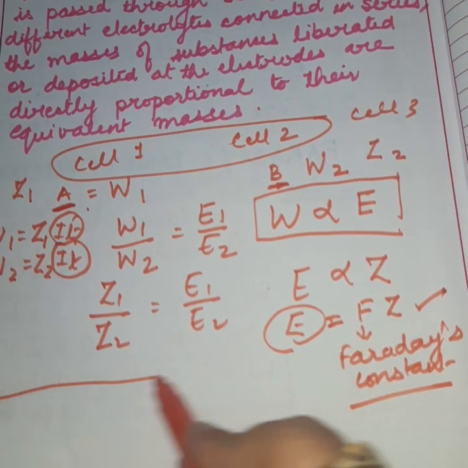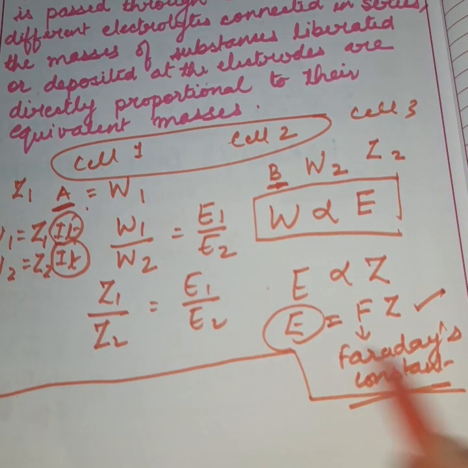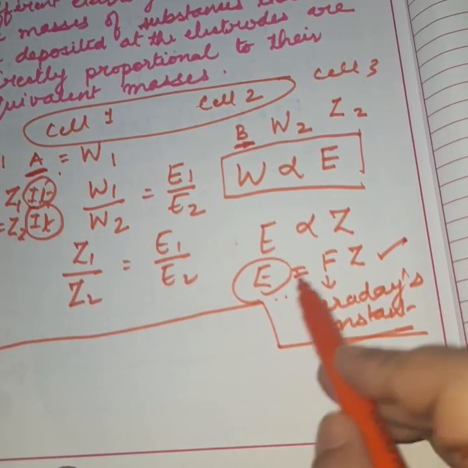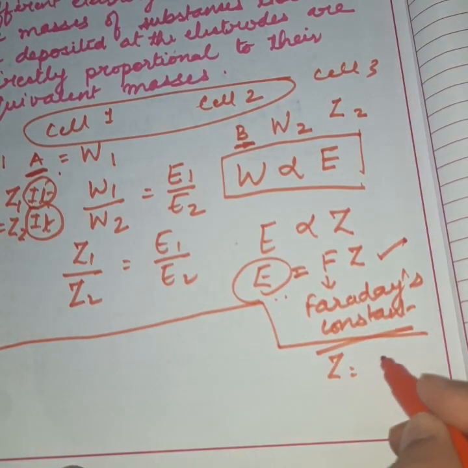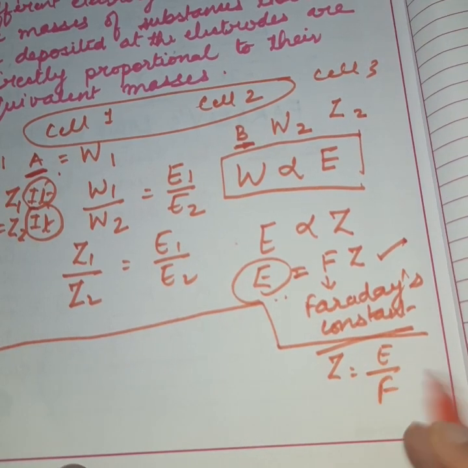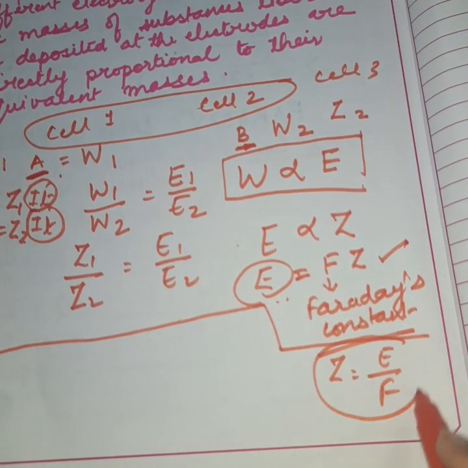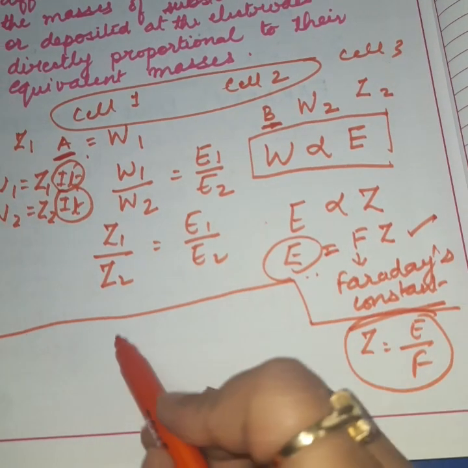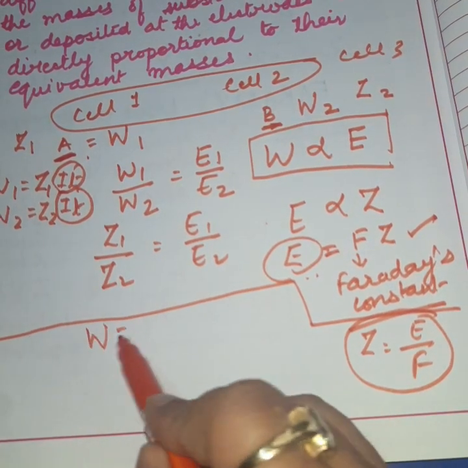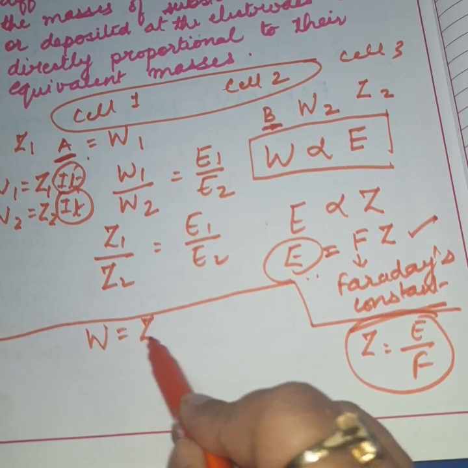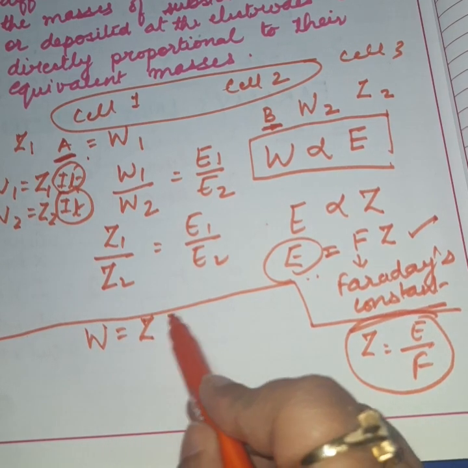If I substitute the value of the electrochemical equivalent through this relation, Z can be written as E upon F. This value of Z, if I introduce it in the quantitative formula of Faraday's first law, W is equal to ZIT.